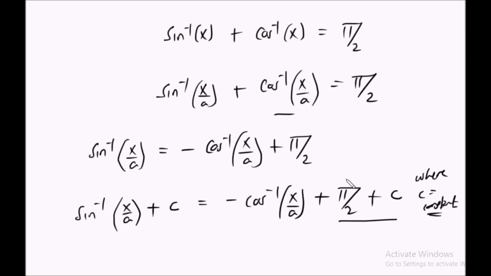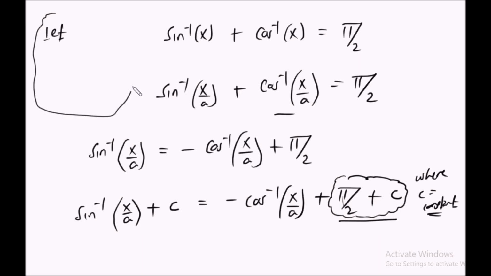So hii sasa pi over 2 plus c, ona hii pi over 2 ni constant na c ni constant. So naweza nikalete, okay, let me let hii pi over 2 plus c iwe sawa na nini? C dash. Sababu hii pi over 2 ni constant na c ni constant. Kwa hiyo constant jumlisha constant tunapata constant c dash.